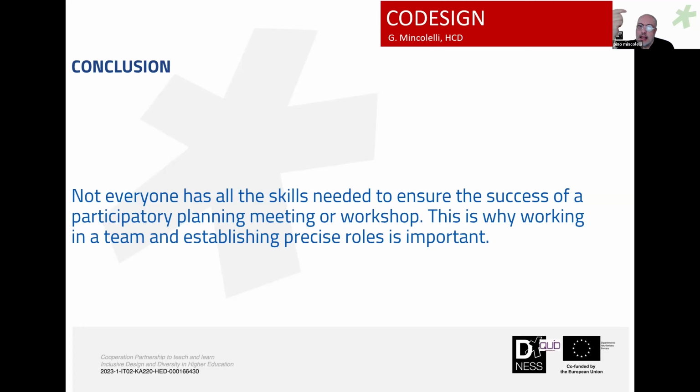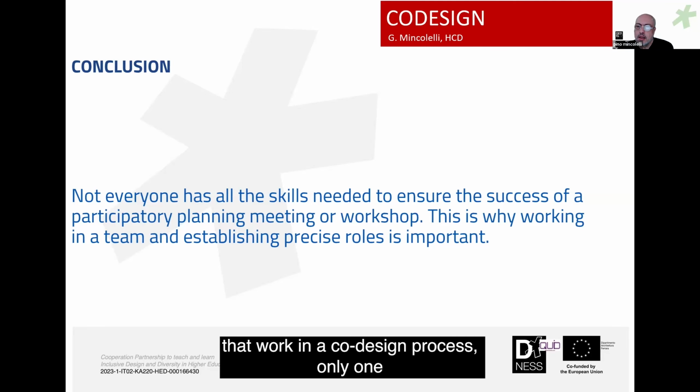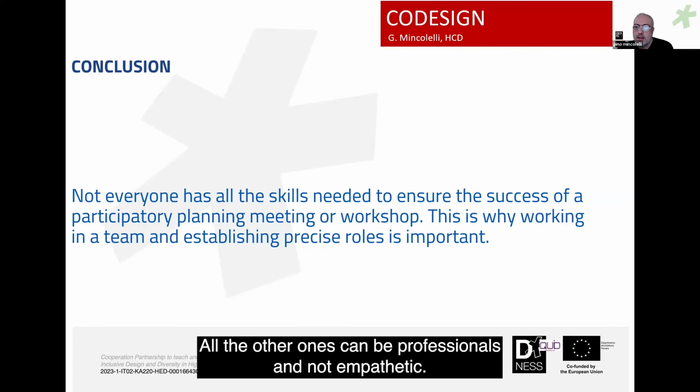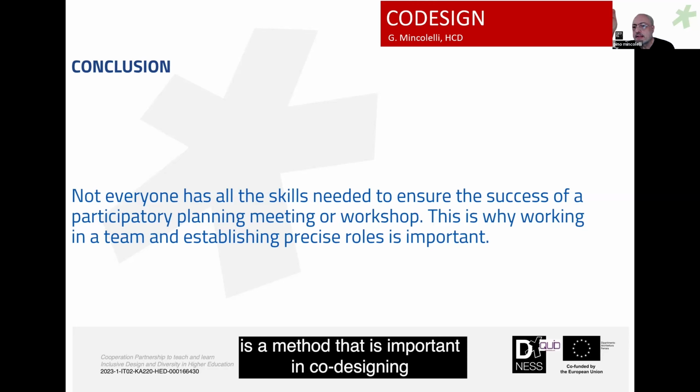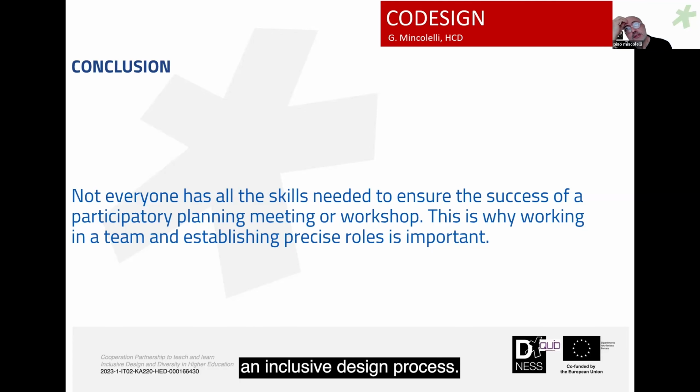So in a group of 5 or 6 persons that work in a co-design process, only one, the facilitator, must have empathic soft skills. All the other ones can be professionals and not empathic. So role playing is a method that is important in co-designing an inclusive design process.